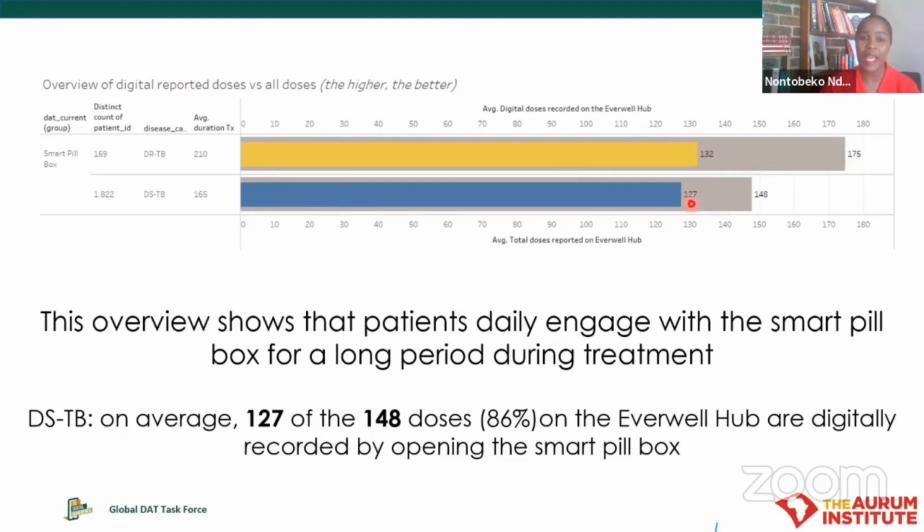And on DSTB, 127 out of the 148 days. So it translated to about 86% of engagement from the patient side with the digital adherence technology. And it is recorded digitally so that we can see that the patients are actually using their adherence technologies. So the better it is. So 86% was not bad at all.